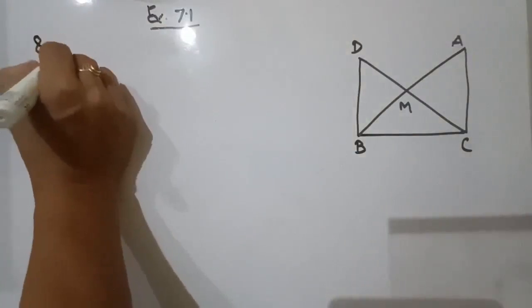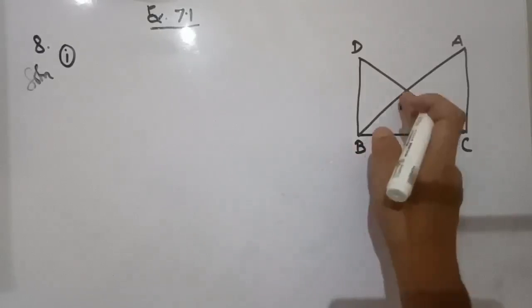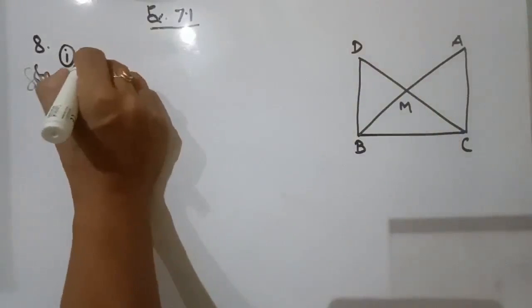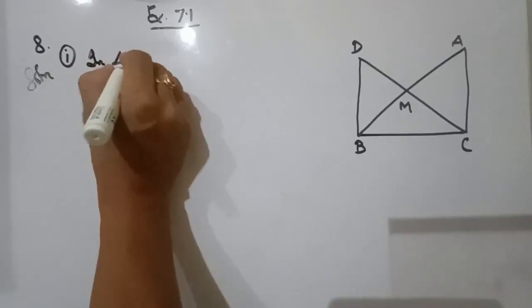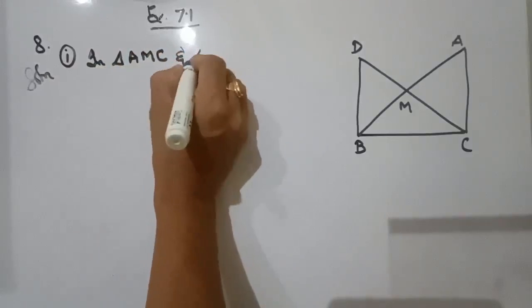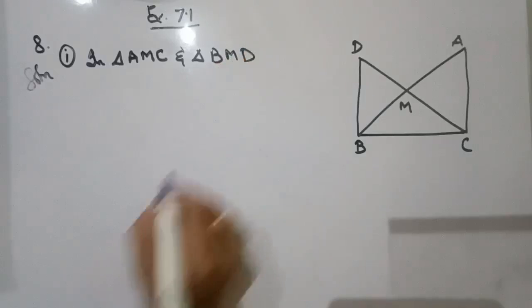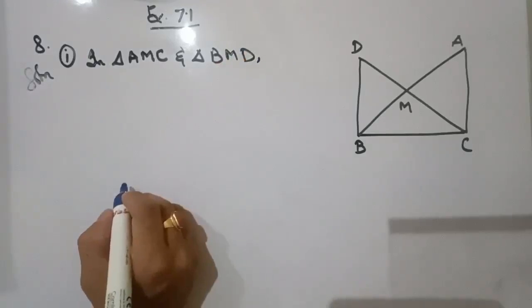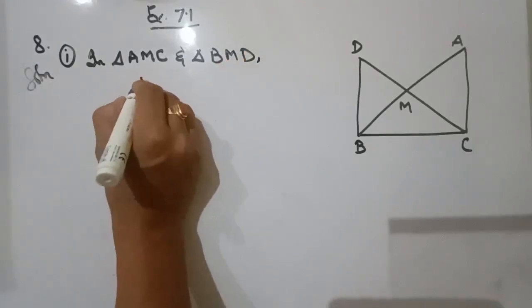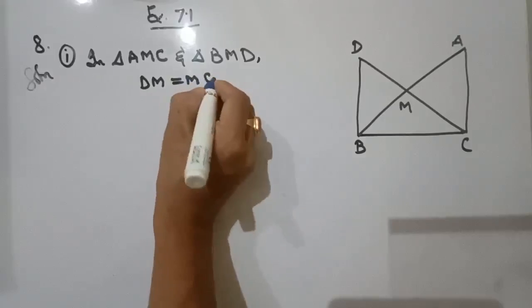Roman number 1, here we are to prove that triangle AMC is congruent to triangle BMD. So in triangle AMC and in triangle BMD, we have DM equal to MC.